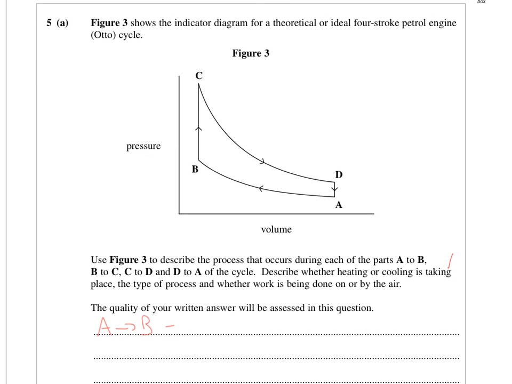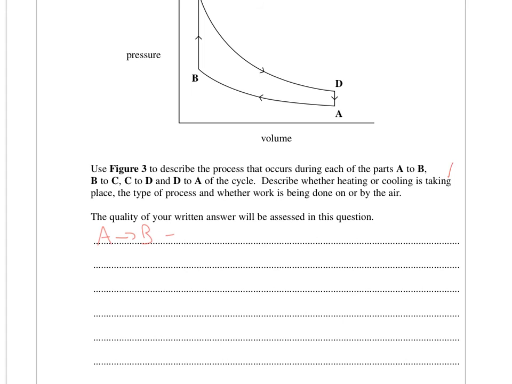For a theoretical 4-stroke engine, alright, so we're dealing with an ideal one, so that's going to be an adiabatic compression, in which work is done on the air, and so temperature rises because you're transferring that work into internal energy.